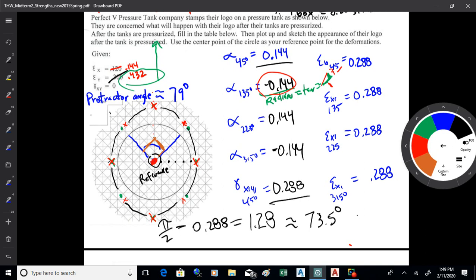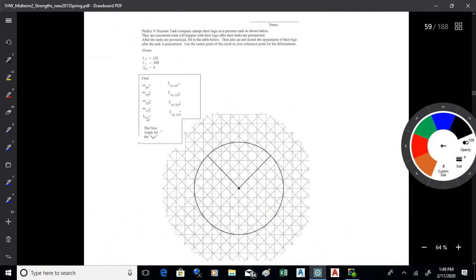Why don't I get you a couple pressure vessel strain problems to work on here, about 251 and 253. And why don't we do one extra little thing here. So 251 is on page 17.